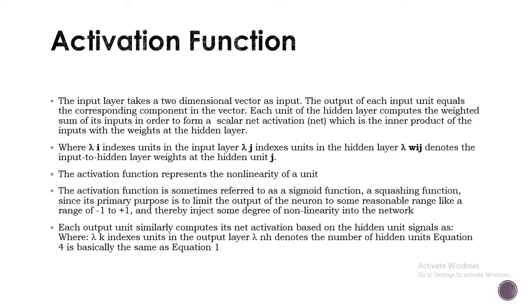Each output unit similarly computes its net activation based on the hidden unit signals, where k indexes units in the output layer and nH denotes the number of hidden layer units. Equation 4 is basically the same as equation 1. Thus equation 1 can be taken as the values in the input layer, and equation 4 can be depicted as the values in the output layer.